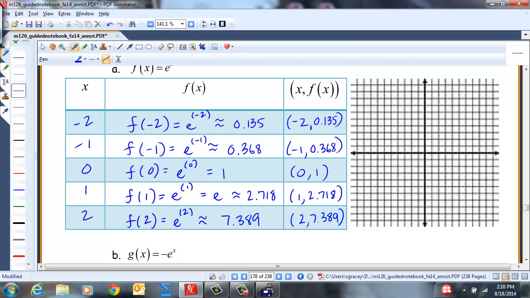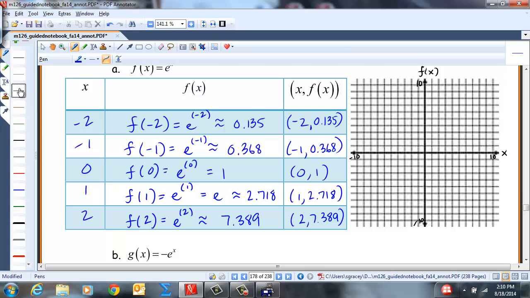So notice that since we have a base of e, and we've done the graphs of both f of x equals 2 to the x and f of x equals 3 to the x, e is in between 2 and 3 as a base. So this graph should be in between those two. Okay, so we got these ordered pairs.